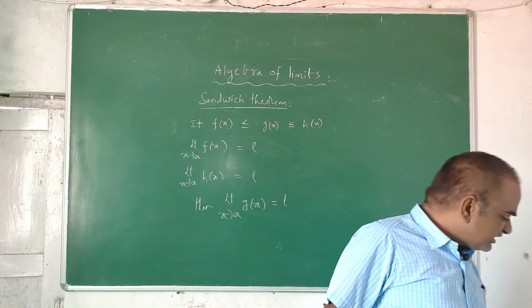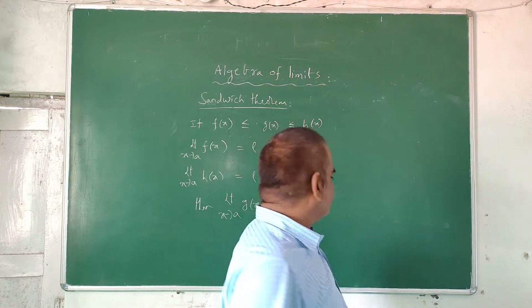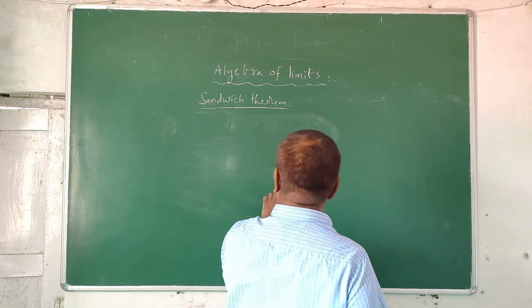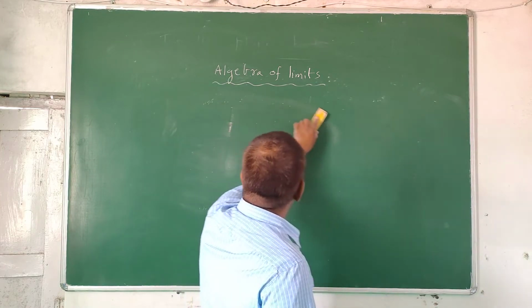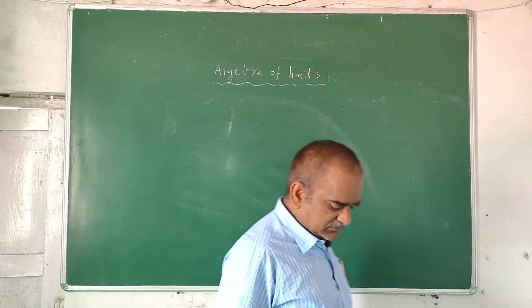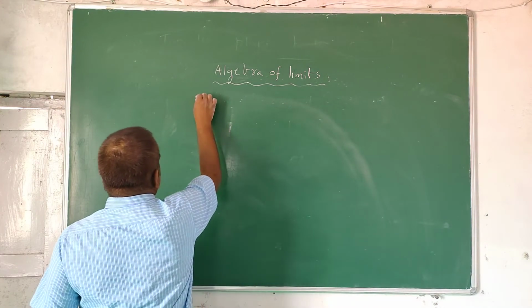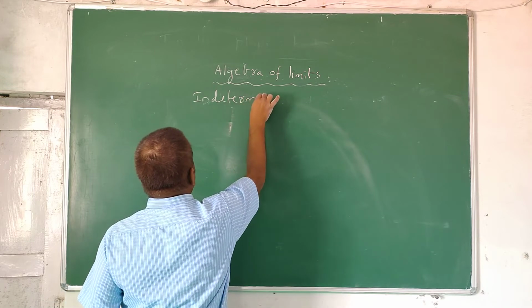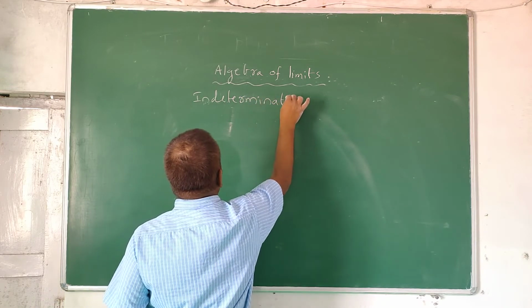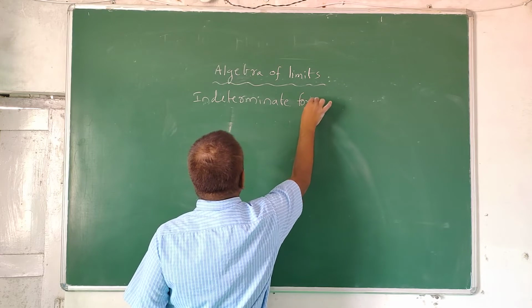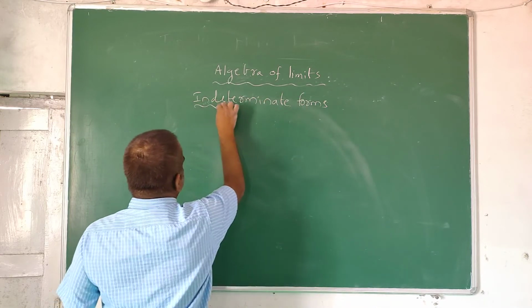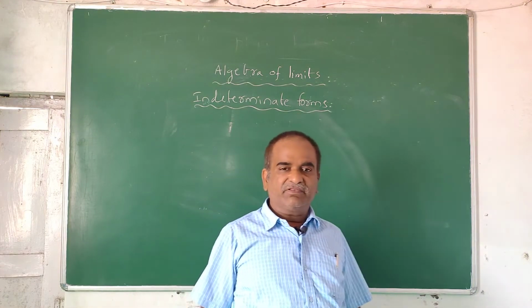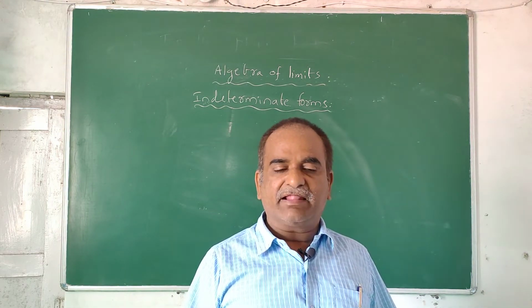So now coming to the next point, indeterminate forms. See, we have 6 or 7 indeterminate forms in mathematics.